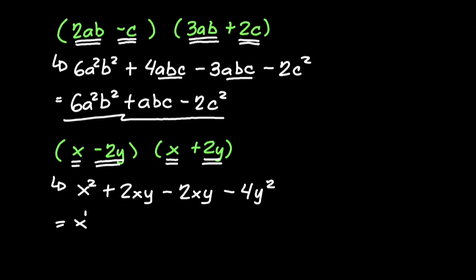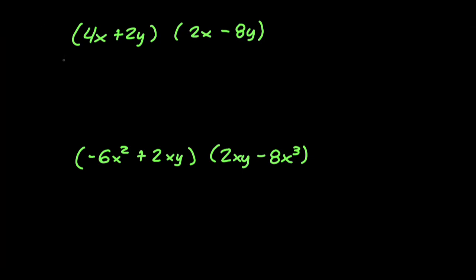Final answer would be x squared, and since these are exact terms, combine these, so 2 minus 2 would be 0, so they cancel each other out, so you're just left with x squared minus 4y squared, which is your final answer.